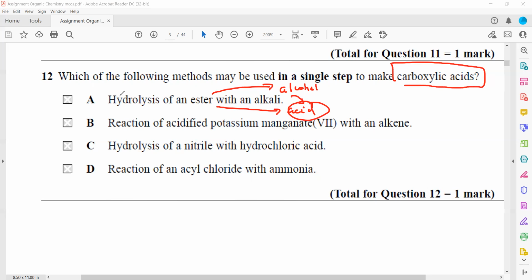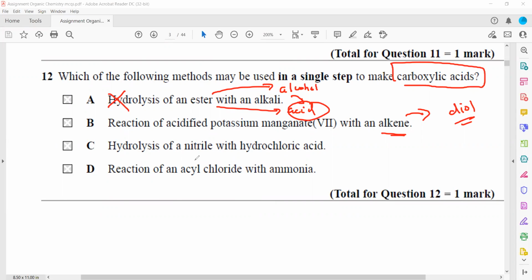So A cannot be used. When acidified potassium manganate is reacted with alkene, it will produce a diol. So it won't be accurate. So the second technique will produce diol.